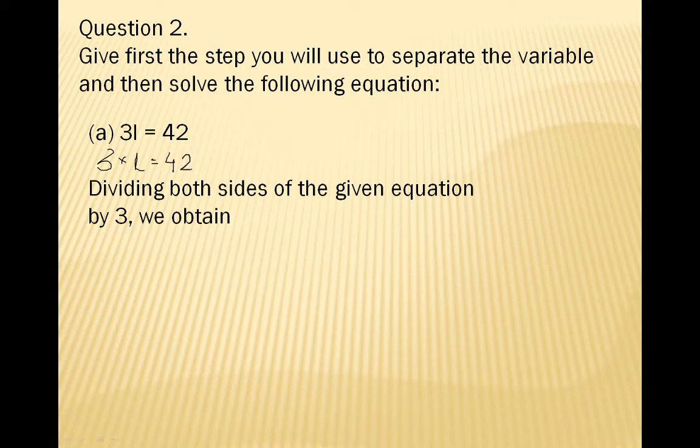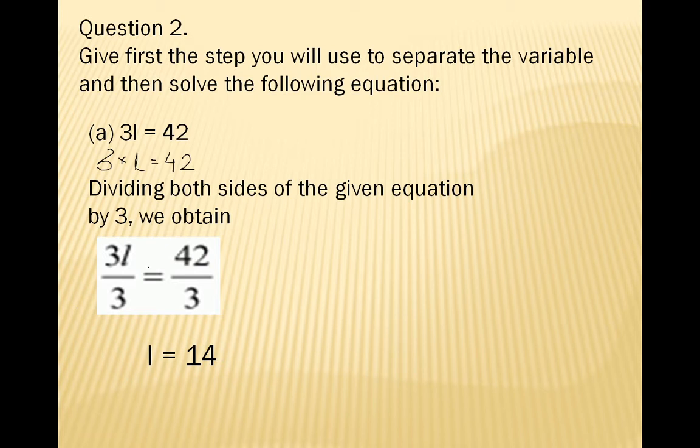Okay, just like while interchanging we use the opposite signs, we have to use opposite operations also. So 3 is multiplying, so now we have to use the dividing process. So dividing both sides of the given equation by 3, we obtain 3L divided by 3 is equal to 42 divided by 3.